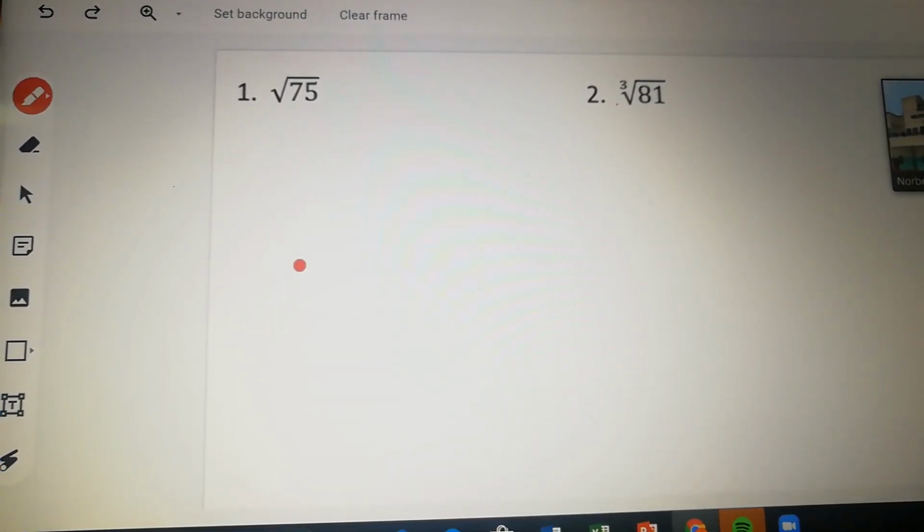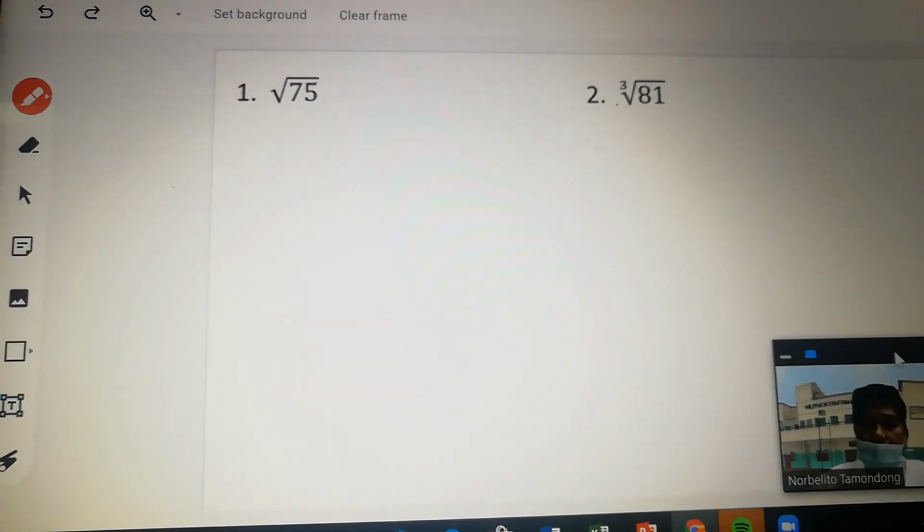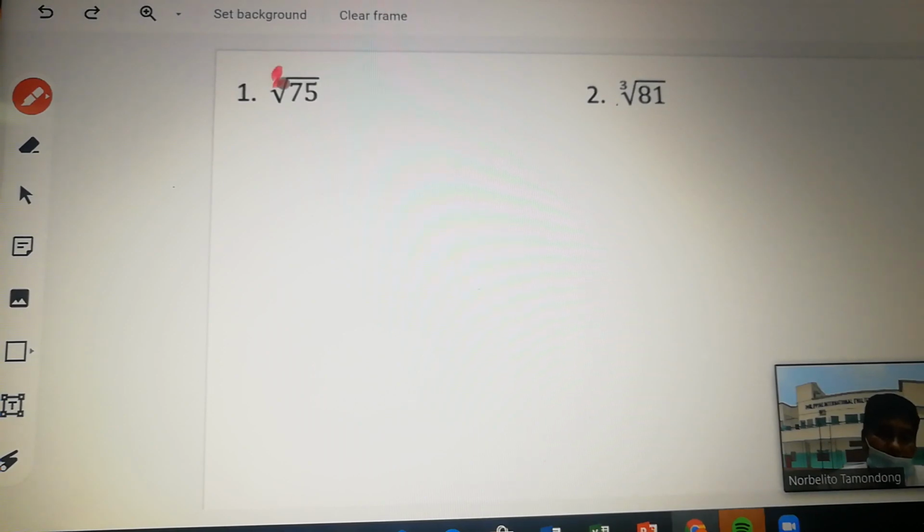So square root of 75. Since your index is 2, you are going to find the perfect square factor of 75. Now, the factors of 75 are, okay, so you can divide this by 3, so divide it by 3, 25.